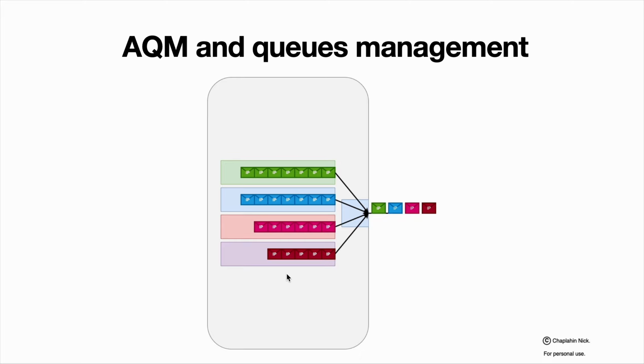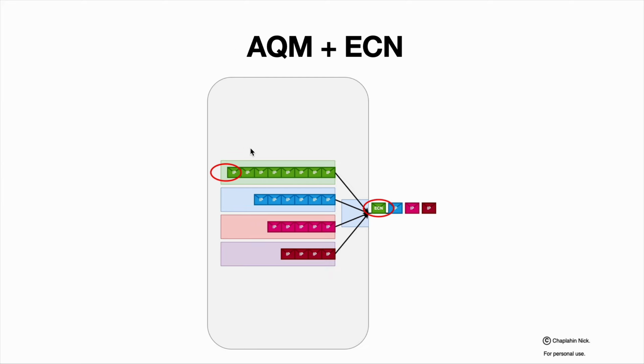We have some queues. We have frames in those queues. Those frames are being selected and sent out. In case we are reaching the end of the queue for some specific queue, then the IP frame that needs to be sent is being updated with ECN.